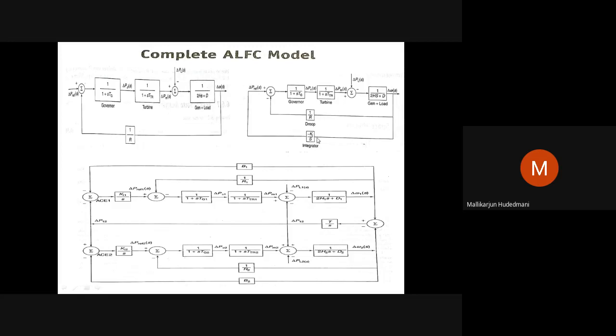Frequency deviation. Now you observe the frequency deviation of area 1 and frequency deviation of area 2 having summed up, because these two are exchanging the power, interconnected operation. When we see, this was the view, delta P12 is the power exchange among these two areas. So once we have the interconnection, the power computation from area 1, area 2 is taken, and it is fed to the control system block C.